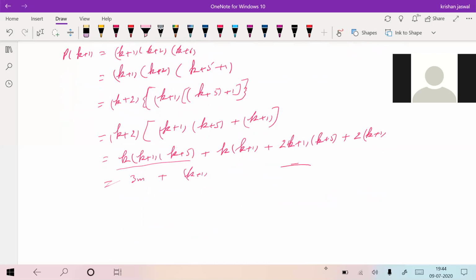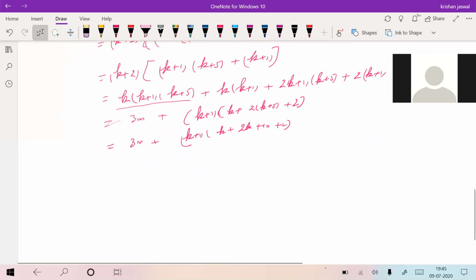That gives 3m plus k plus 1 times k into 2k plus 10 plus 2.